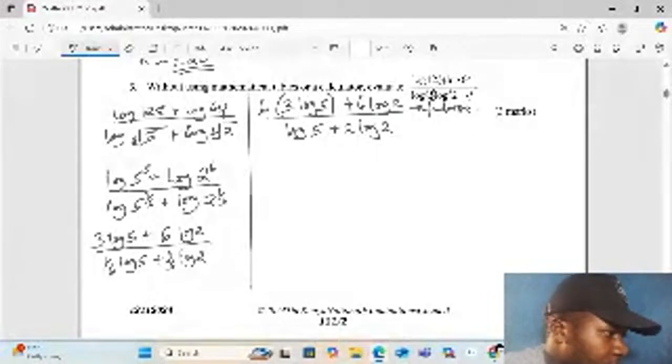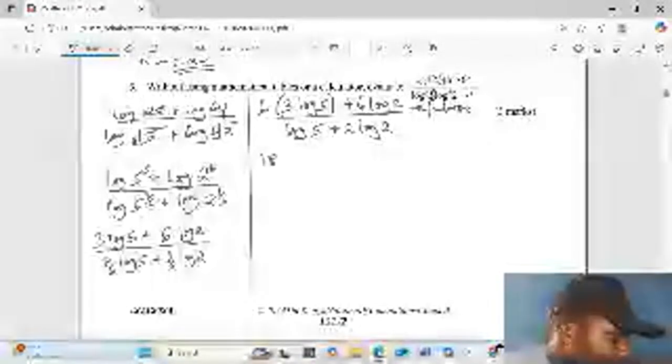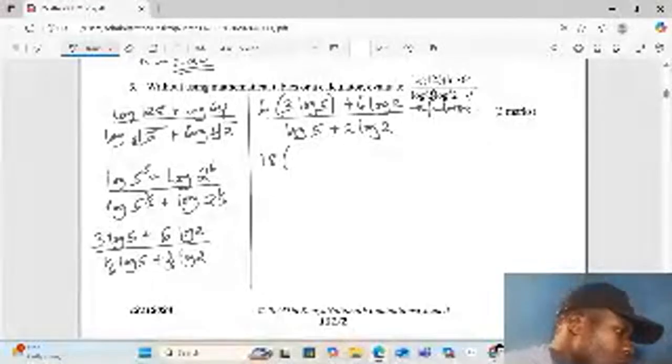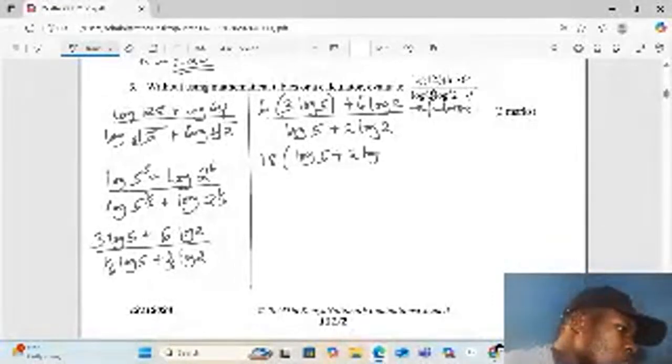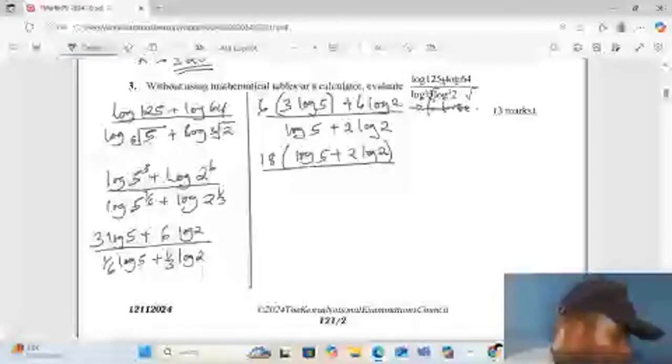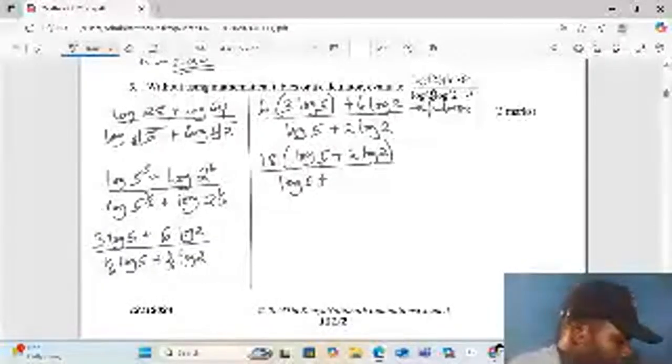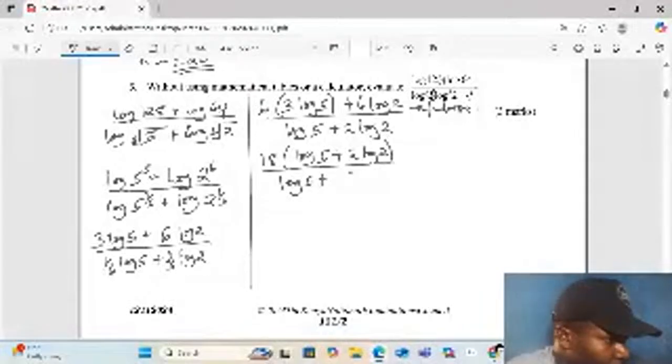So 6 times 3 gives 18. 18 into log 5 plus 2 log 2, divided by log 5 plus 2 log 2.